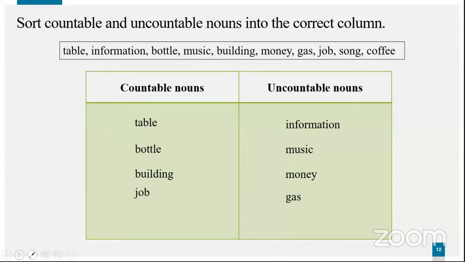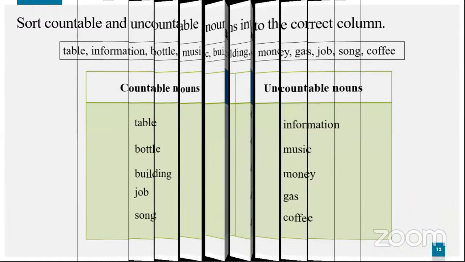And next one, song, it's also a countable noun. One song, two songs, three songs, like that. And last one, coffee, right? Coffee, so it's an uncountable noun, right? Okay. Take screenshots of these activities. Right, I will go to the next part.